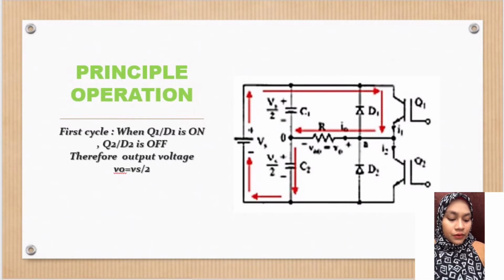In the full-wave type, both bridge rectifiers can generate voltage in both polarities, but the positive converter can supply current only in the positive direction, and the negative converter can drain current only in the negative direction.